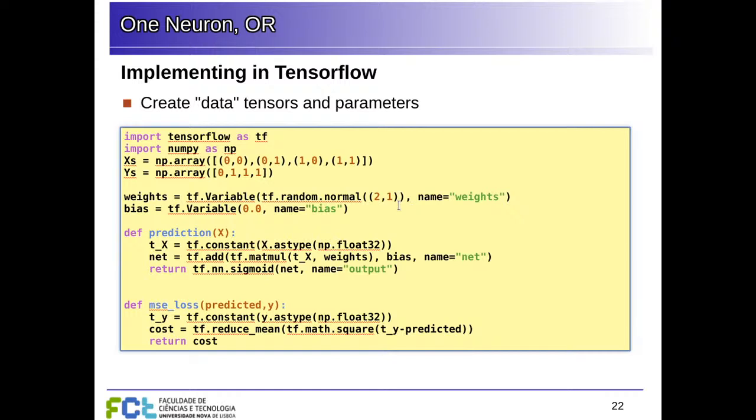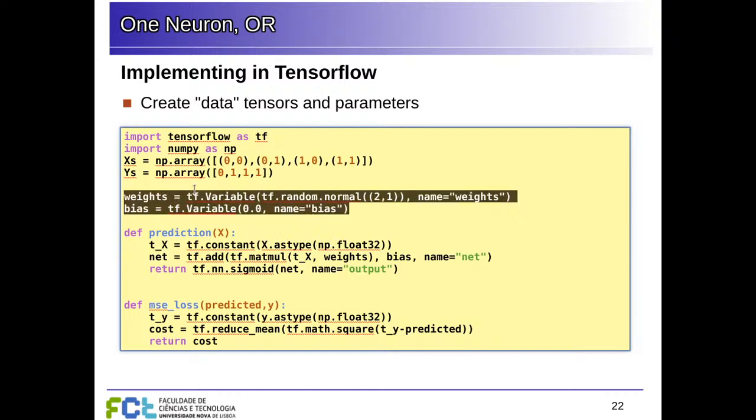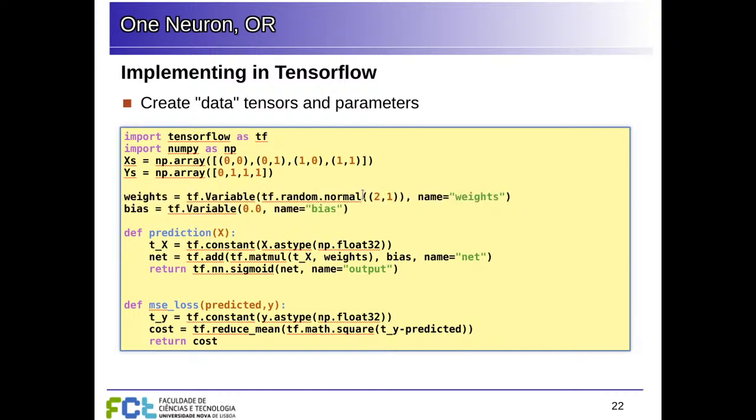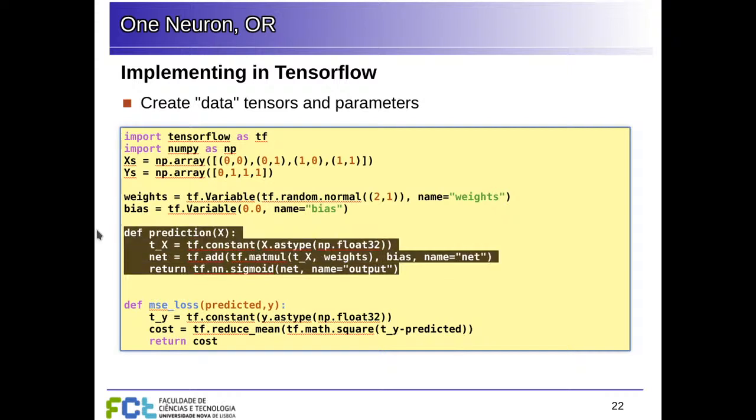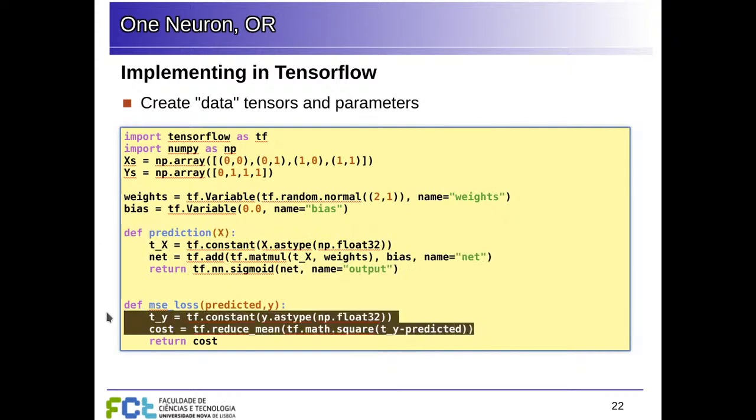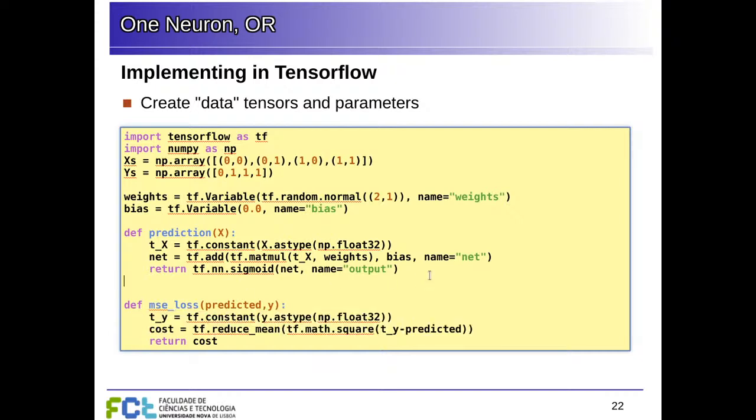So we're going to do this again. We're going to create a neuron with these two weights and a bias value. The prediction is the same here, but now we're going to use the quadratic error, the mean quadratic error between the output of the network. The output of the network is again a sigmoid.